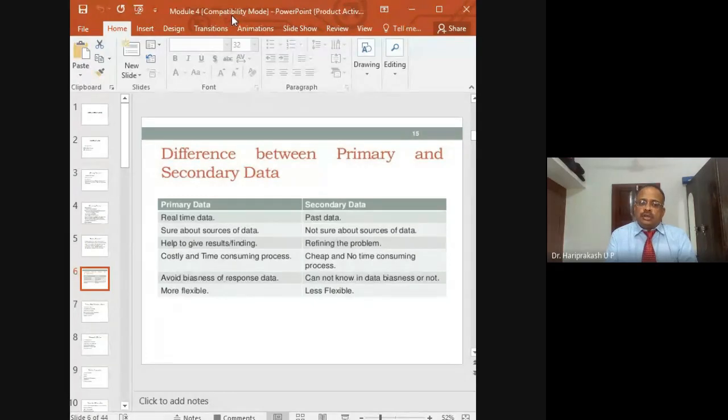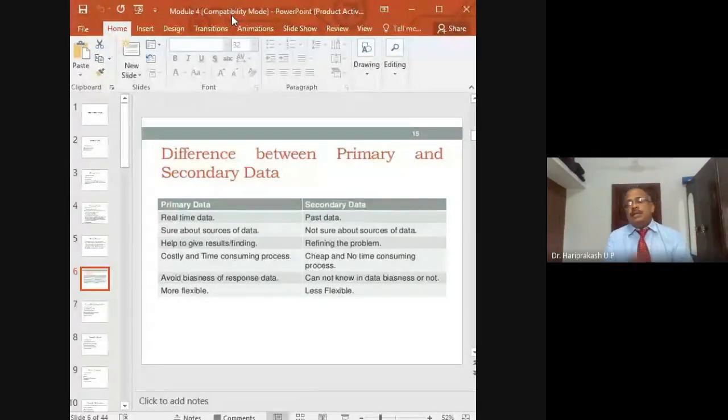Sure about sources of data. When you are doing primary data collection, you are sure about the sources. You know from where you collected it because you are involved there. You are 100% sure about the data. But in secondary data, you are not sure about the sources, though they should be mentioned.